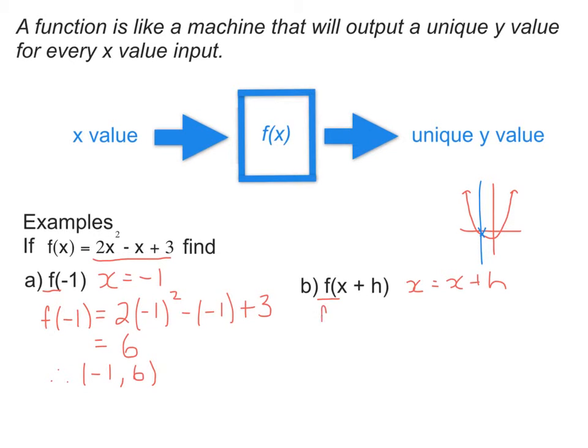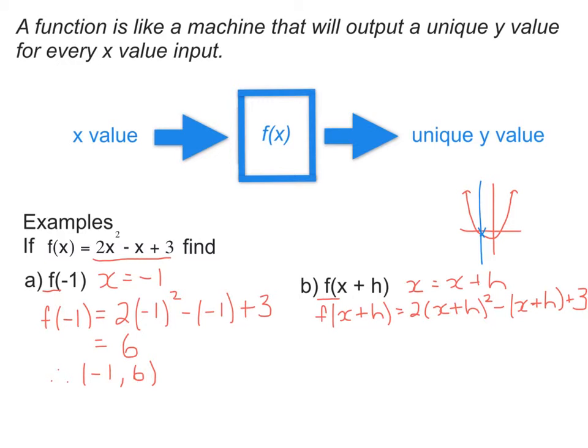Similarly, the function's value when x is equal to x plus h gives us 2 outside of (x plus h) squared minus (x plus h) plus 3. Since our x value in this particular example is algebraic, then our corresponding y value will also be algebraic.